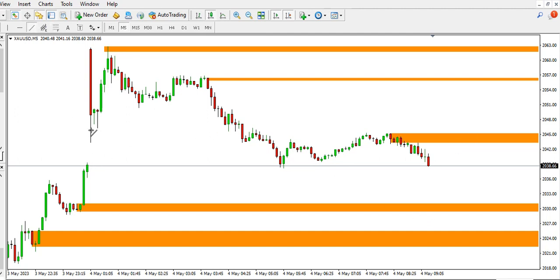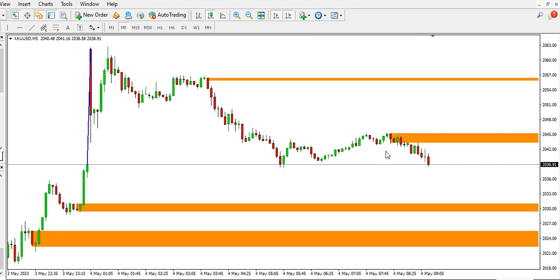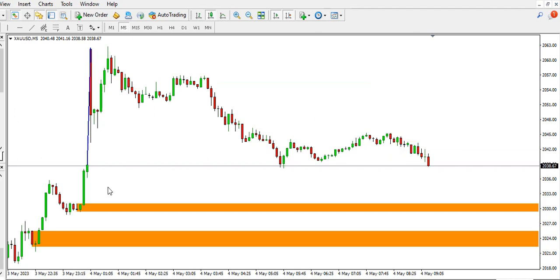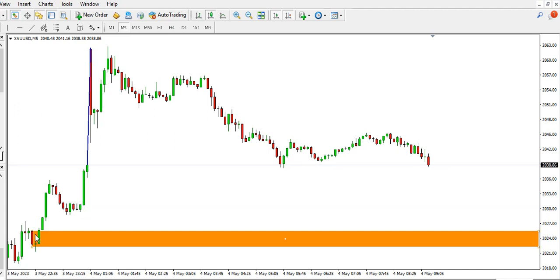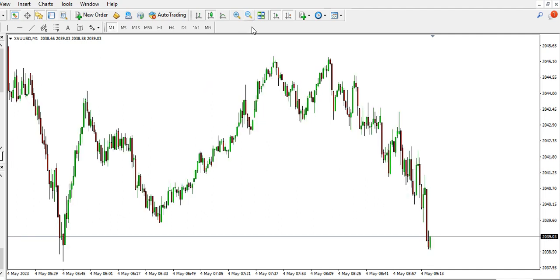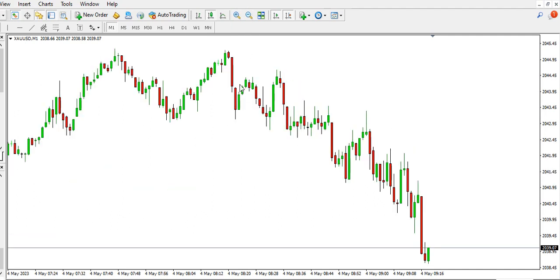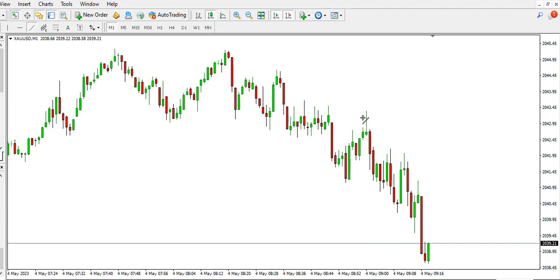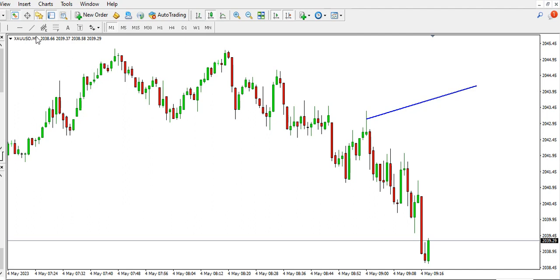The gap from here to here has completely been filled, and price is dropping further. So let's look at the 1 minute time frame. Do we have anything on the 1 minute time frame that can give us a pointer to continue to scalp sell? Obviously price is selling, but let's have a full confirmation. On the 1 minute time frame, it's obvious that the sellers are in charge. Look at the wicks, look at this wick, look at this wick.